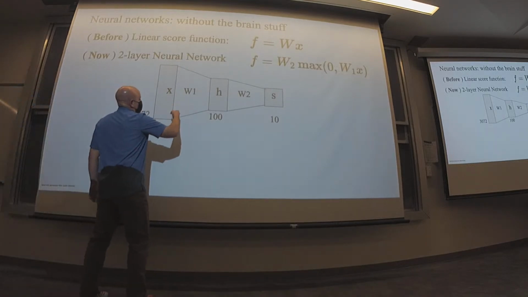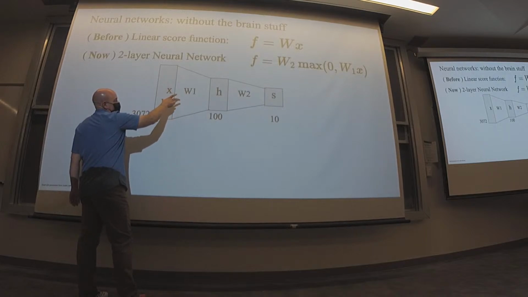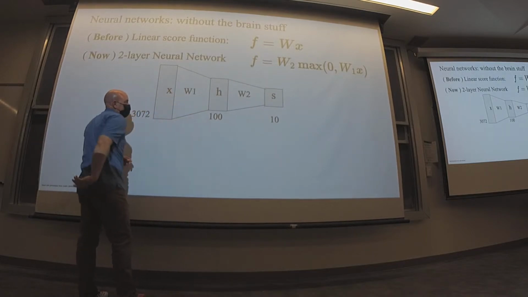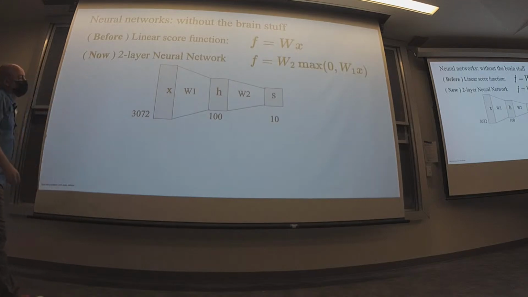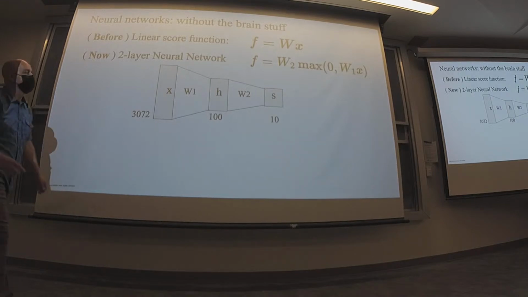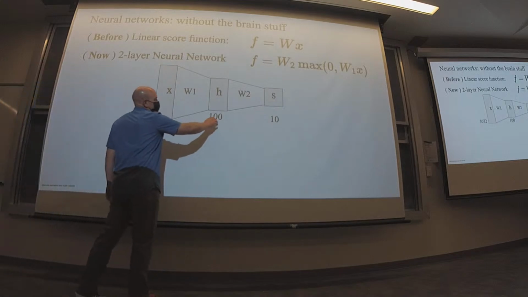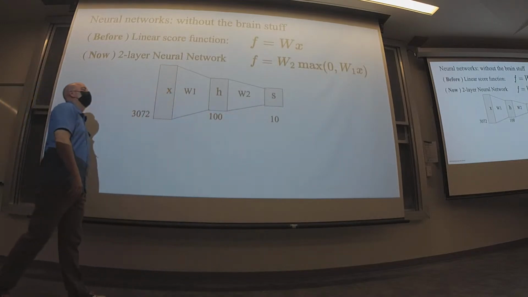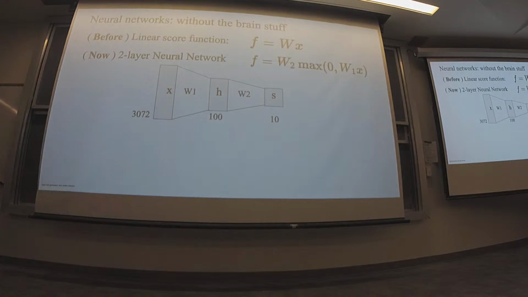So what would have been the size of the bias if we were to add it in this layer? Did you say 100? Yeah, 100 by 1, I see what you're saying. Exactly, just a vector of dimension 100, and the bias term for the next layer would be dimension 10.